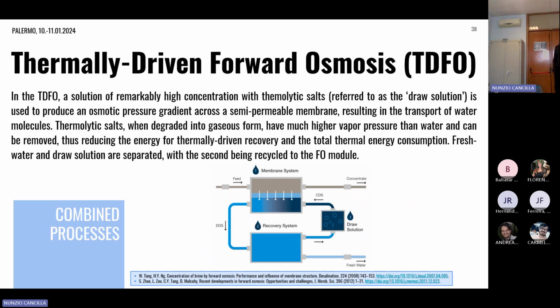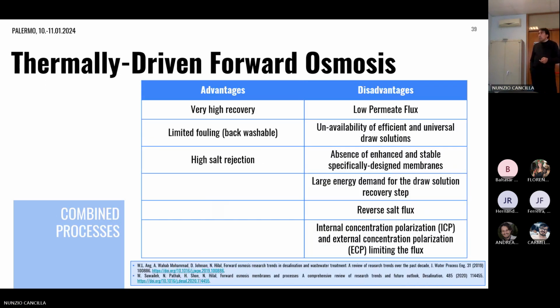And then we have these other combinations. You see, combined process, thermally driven forward osmosis, where basically you use a special concentrated draw solution, which makes use of thermolytic salts, for which, of course, you have to manage the proper regeneration. But with this, you may start with a feed and concentrate through forward osmosis with this specific draw solution, which has, in principle, some advantages for the regeneration, I mean.